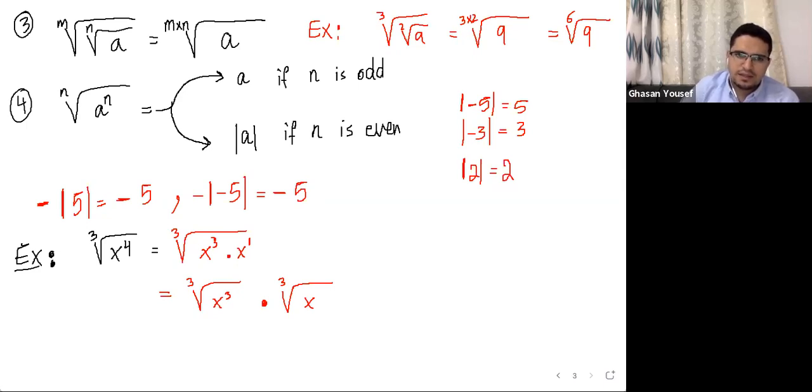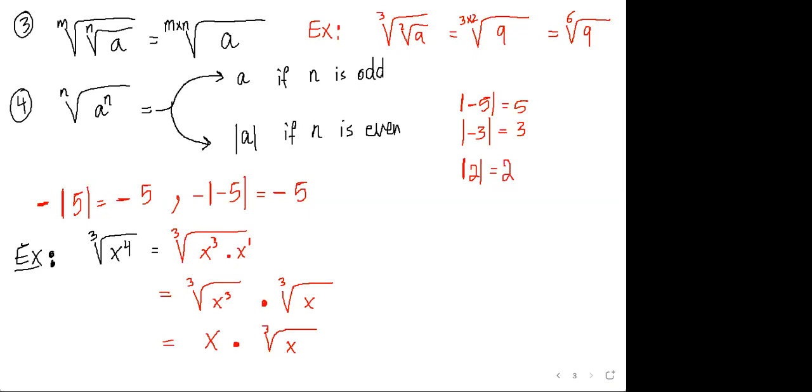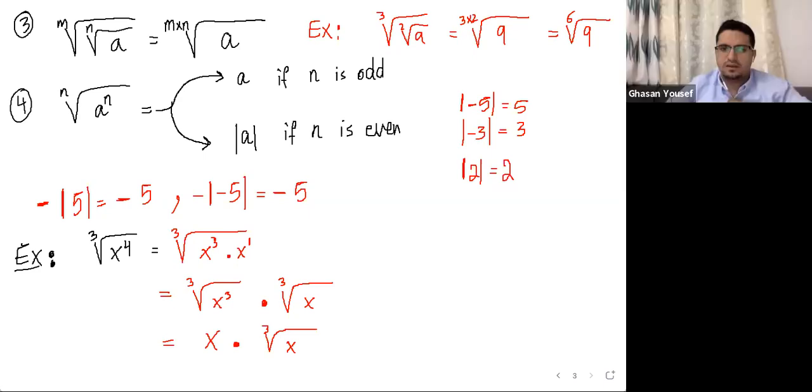Here n is 3, and 3 is an odd number, so the answer will be A, and here A is x. So the answer is x times the third root of x. Any question for this one? Makes sense? Is it clear?